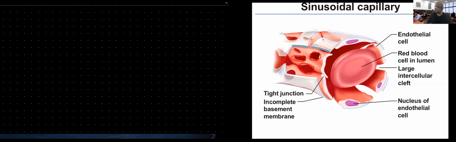What if I want much greater permeability than the fenestrated capillaries? I need cells to move in and out. I need huge chemical compounds to move in and out. You're going to have a type of capillaries that fits your needs, which is the sinusoidal capillaries.